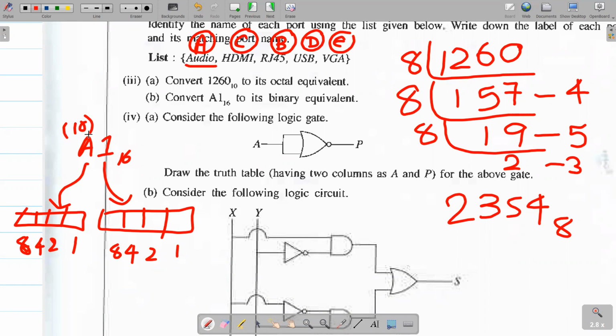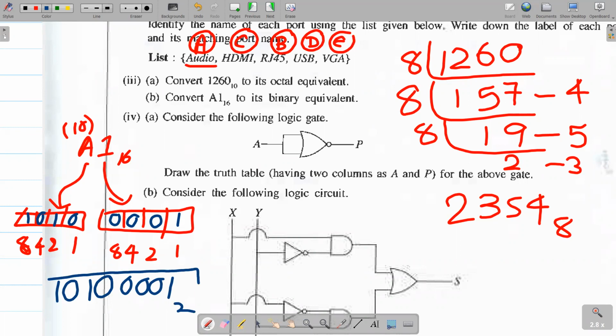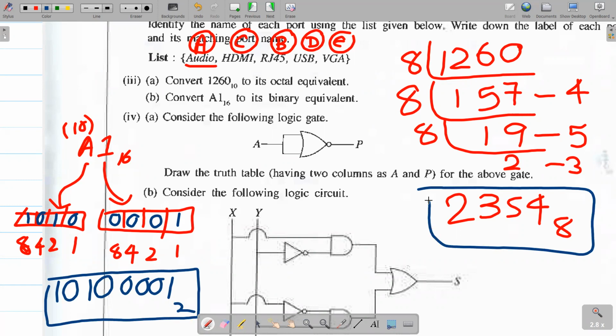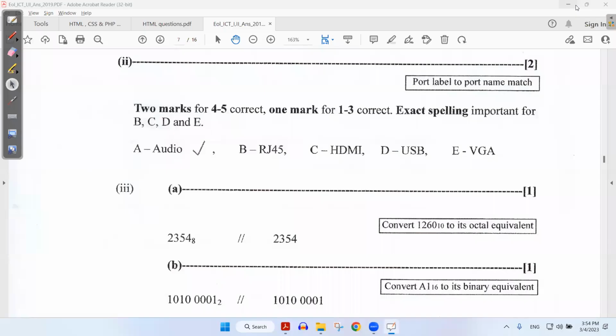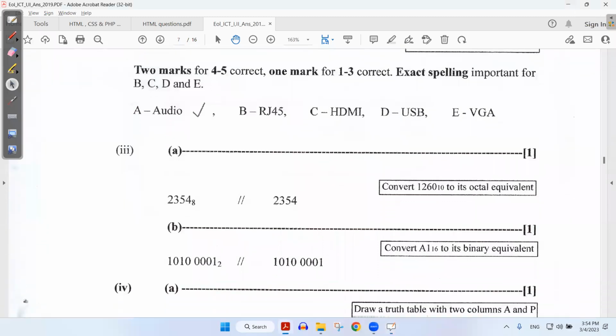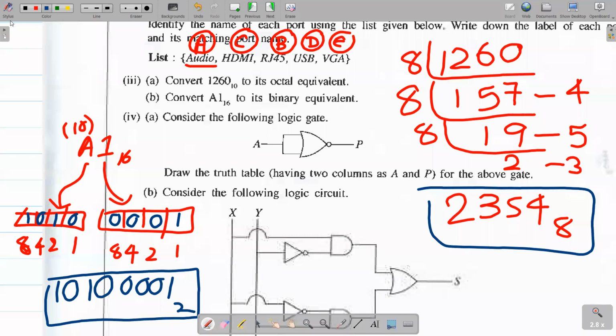So 1 can be defined as 3 zeros and a 1. 10 is a 1 in the 8 place and a 1 in the 2 place, and the other places are 0. So the correct answer is going to be 1010 0001. If you got these 2 answers, you got 2 marks, 1 for each. Let me show it to you from the marking scheme. This is how it happens. If you want to write the way that we have approached, it's time for you to write it.